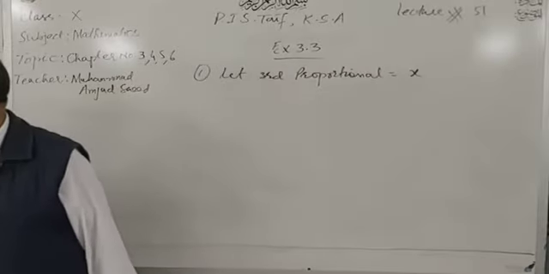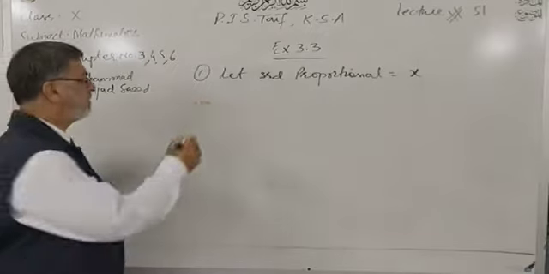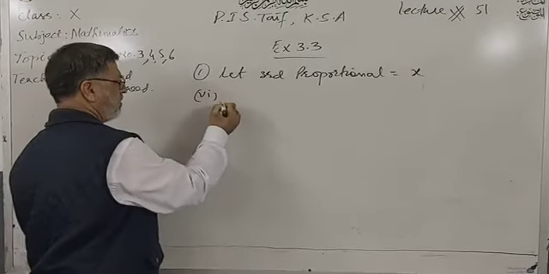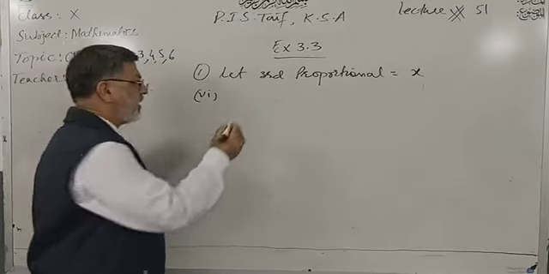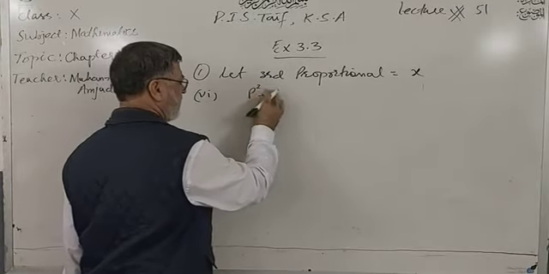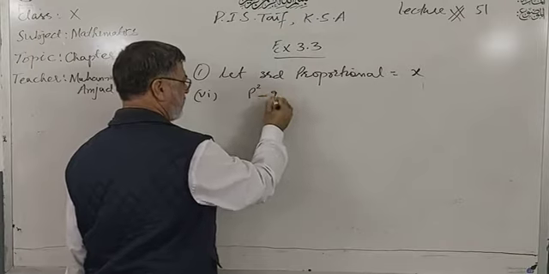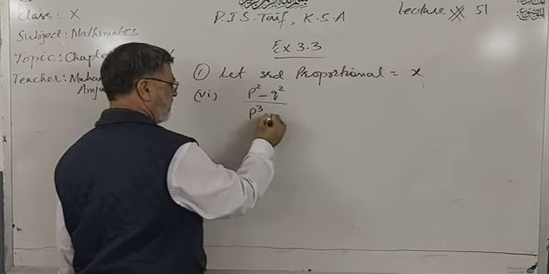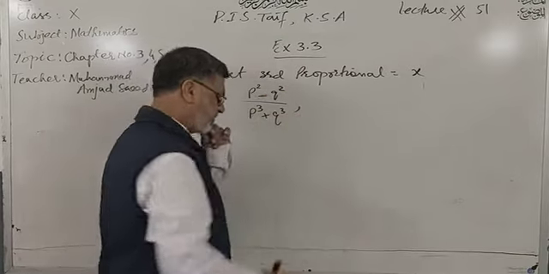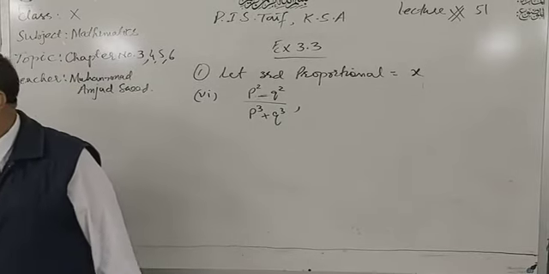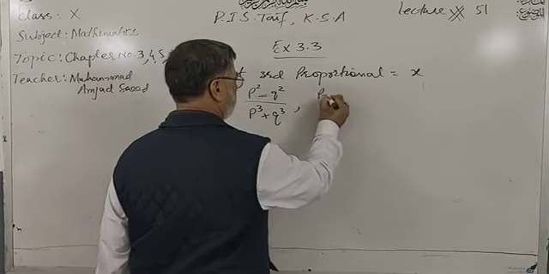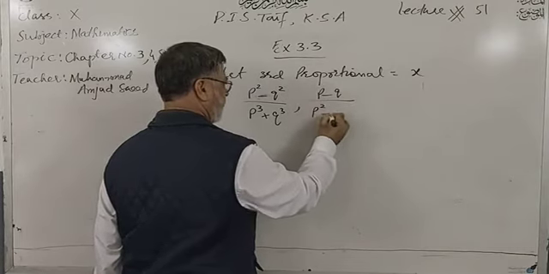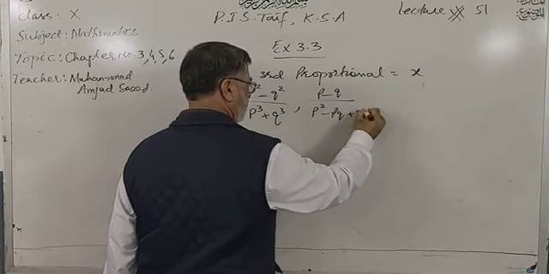In part number 6, we have p square minus q square over pq plus qq, and also p minus q over p square minus pq plus q square.